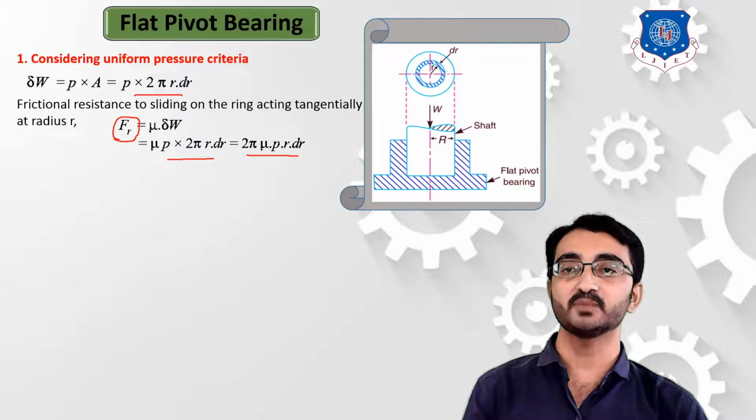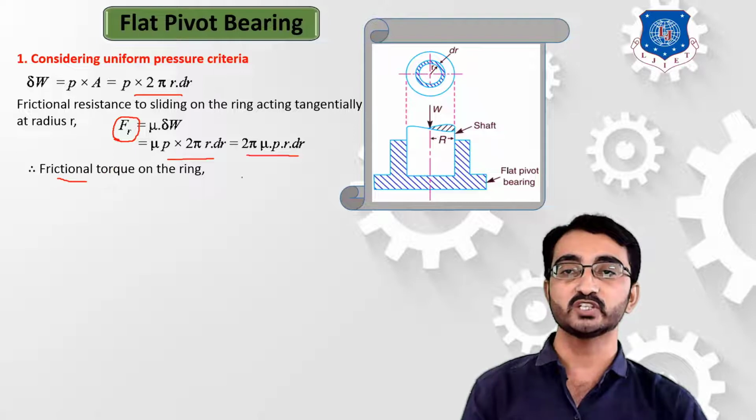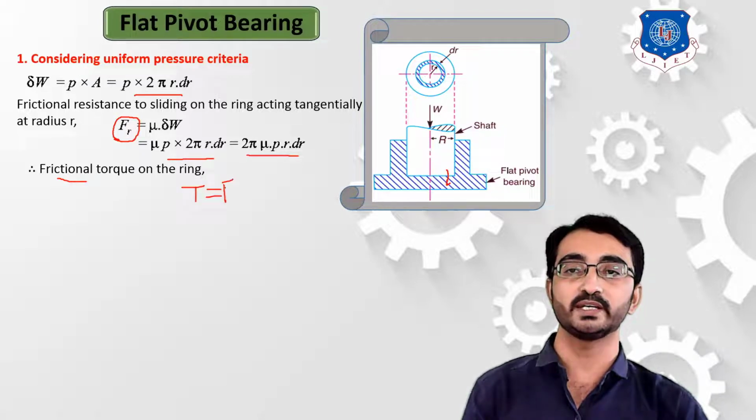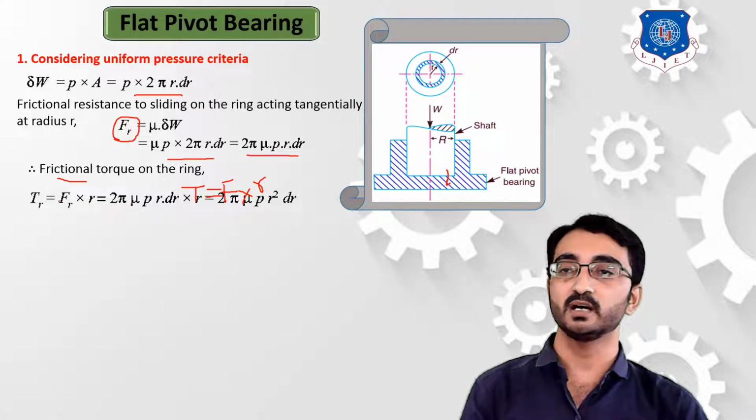Now with the help of this frictional resistance we can calculate the frictional torque. The frictional torque, or the torque which is developed between these two bodies, follows a simple equation, that is torque is equal to force into radius. A simple relation, so that will be used. So in this equation we write the torque Tr is equal to Fr into r.